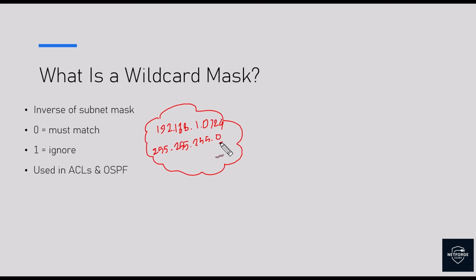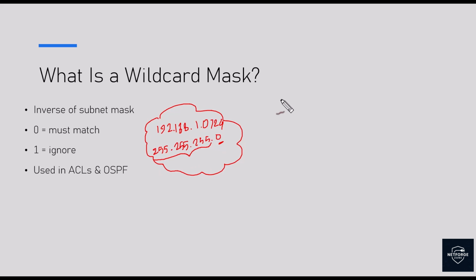This 0 in the end means that this part is up to you. You can change it as you wish. These 255s mean that this part cannot be changed. Everything in here is going to be exactly the same as what we have.